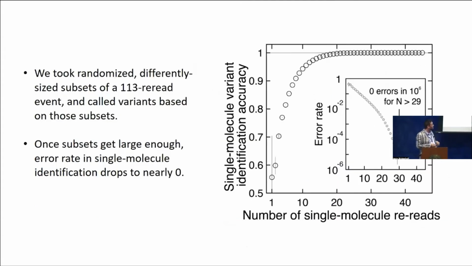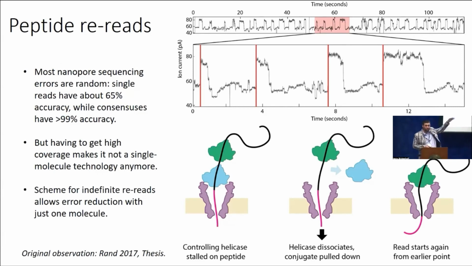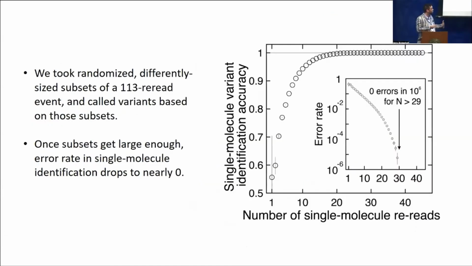And when we do this, we can take different subsets of one of these reads that we know the true identity of. And we can say, okay, what if we just use one read? What if we use 2 reads? What if we use 10, 50, et cetera? And we see that our error rate, as expected since most of this is random error, drops off dramatically, exponentially, as you increase the number of reads that are used.